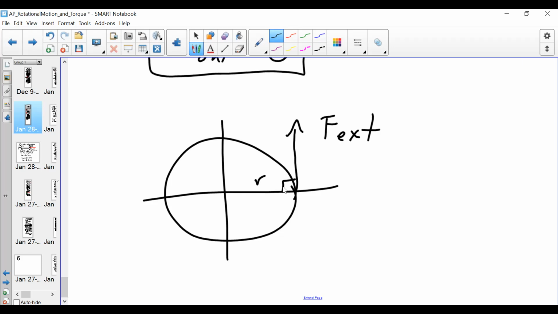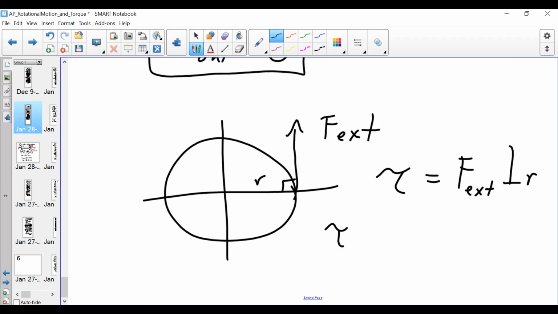It has the similar relationship as tangential velocity to radius, which is perpendicular, tangential acceleration to radius, which is perpendicular, and now we have our external force, which causes that tangential acceleration, also perpendicular to the radius. The new angular quantity here, which is the multiplication of force and radius, that particular force that is perpendicular to the radius is called torque.